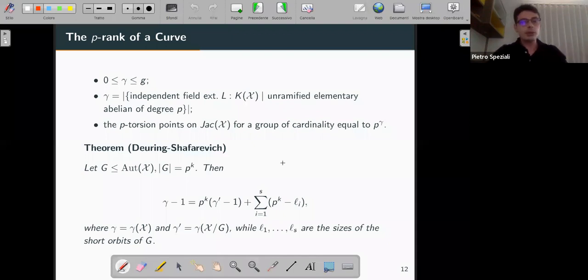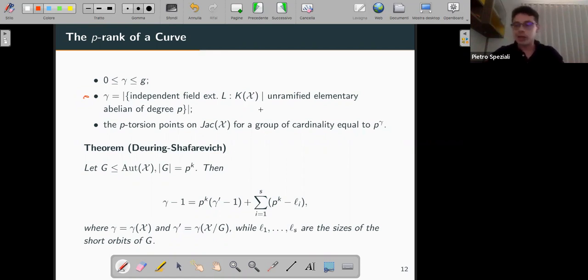So the p-rank is a non-negative integer, which is upper bounded by the genus, and it's at least 0. Well, we have many equivalent definitions. My favorite one is the first one. It's an invariant which counts the number of independent field extensions, which are unramified and elementary abelian of degree p of the function field of the curve.